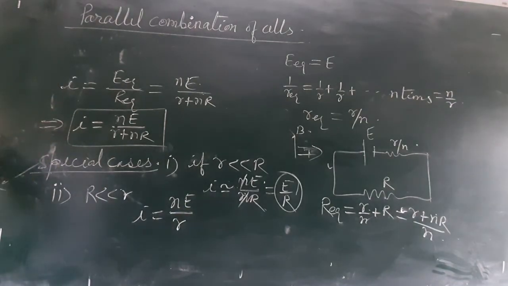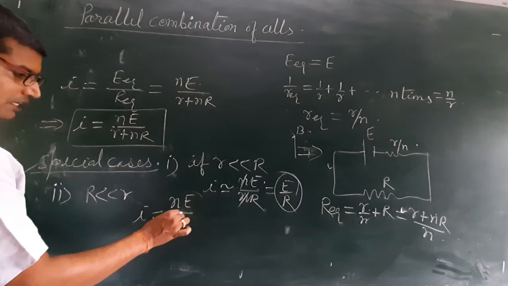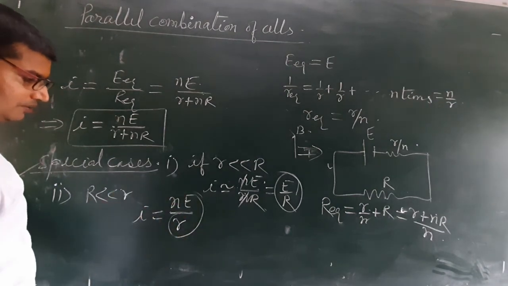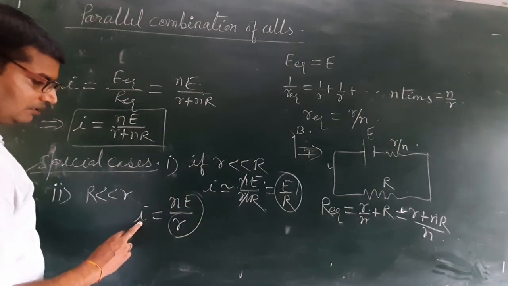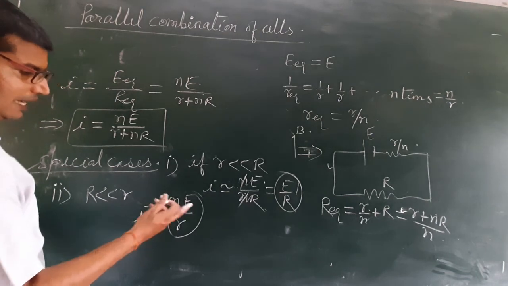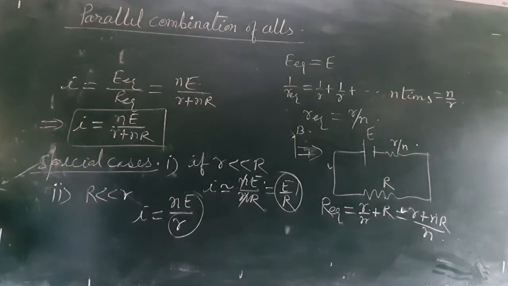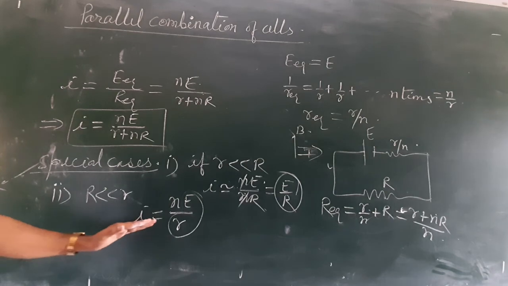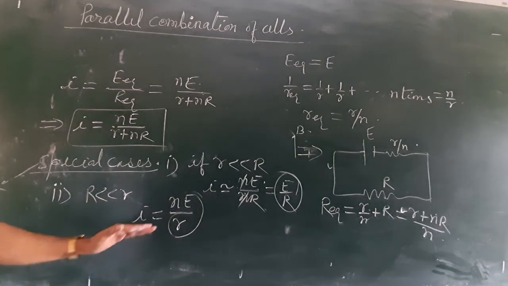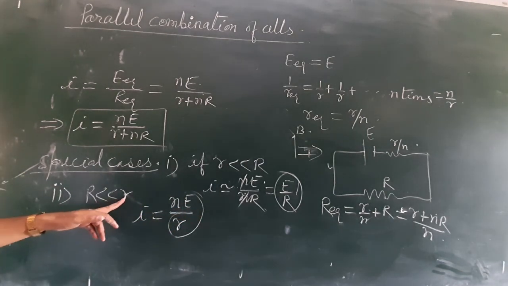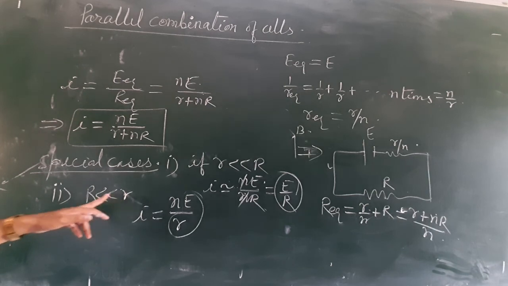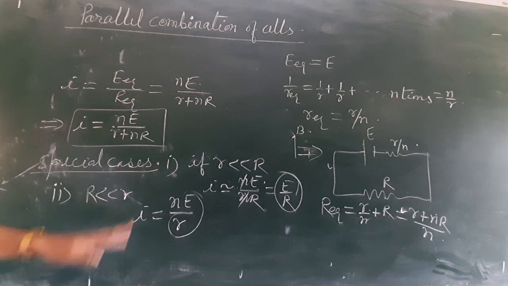It is very clear from this expression that the total current is equal to n times the current supplied by a single cell. Meaning in this case the current is very strong, so whenever the internal resistances of the cells are very high in comparison to the external resistance, then they should be connected in parallel to have a strong current in the circuit.